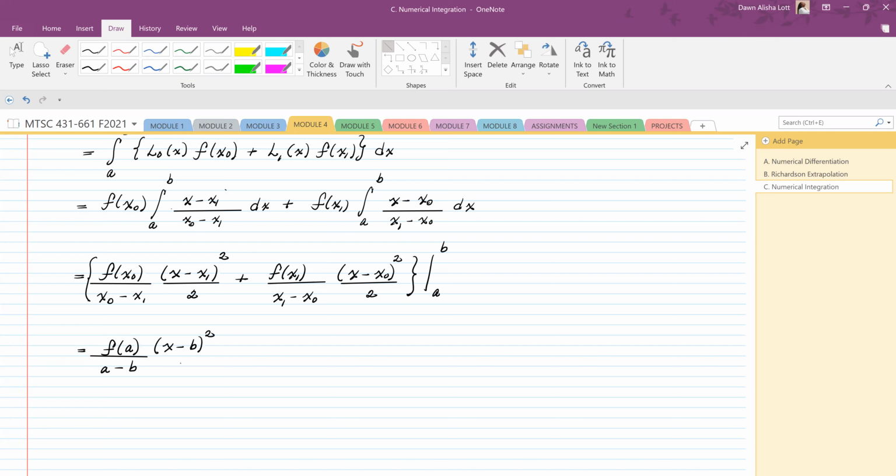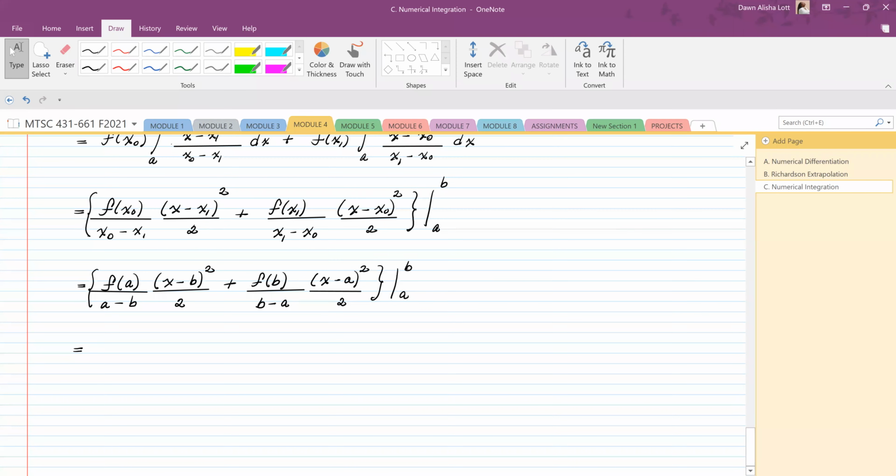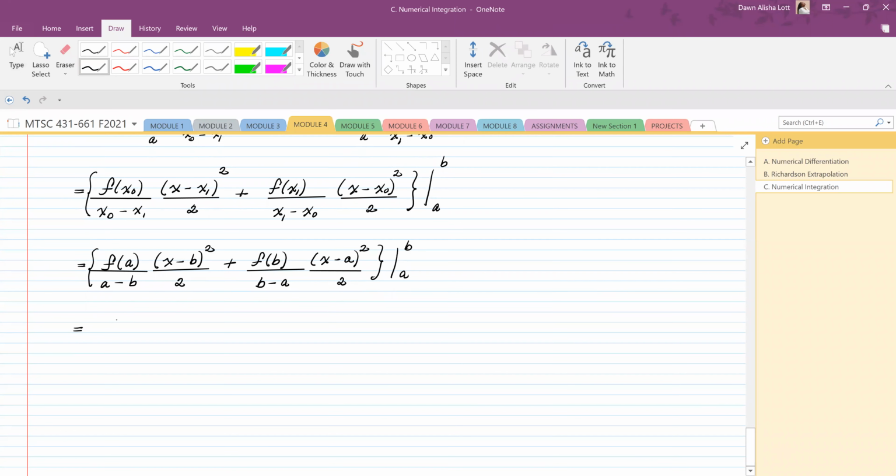Plus f of B over B minus A times x minus A squared over 2. That whole thing evaluated from A to B. And I will spare you the algebra.